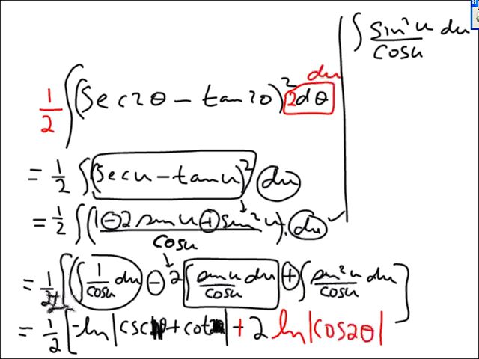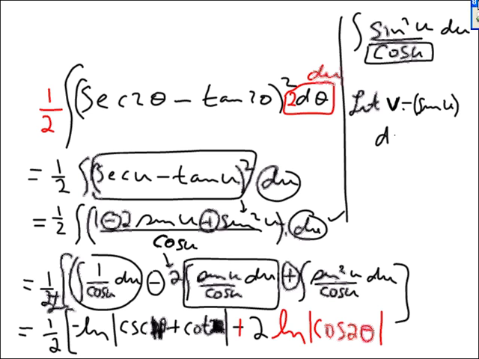Now, if I call this bottom v, the derivative, then dv would be negative sine u du, not sine squared u. I taught you in Calc 1 to usually let what's being raised to the power be u. In this case, v, because we already used up u.